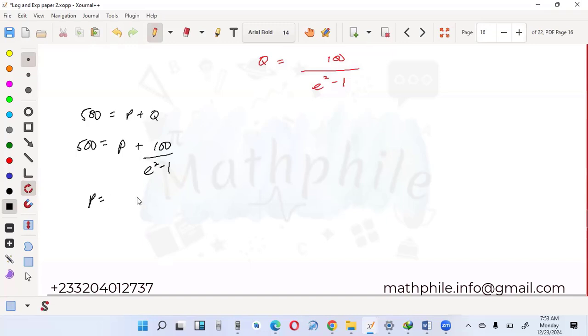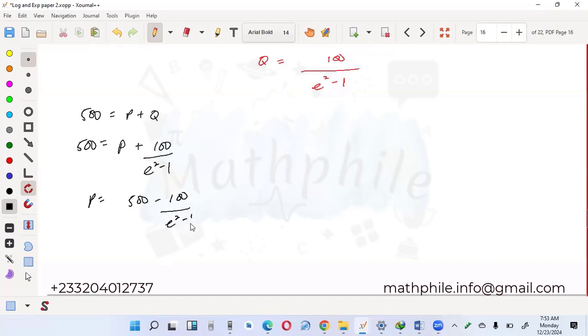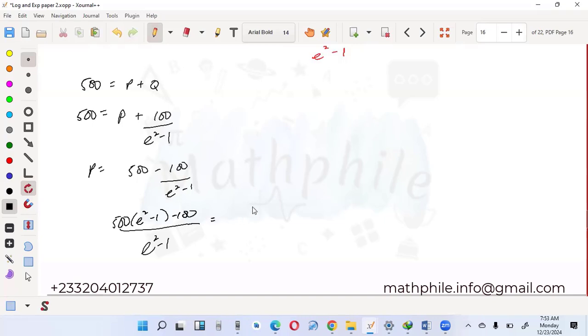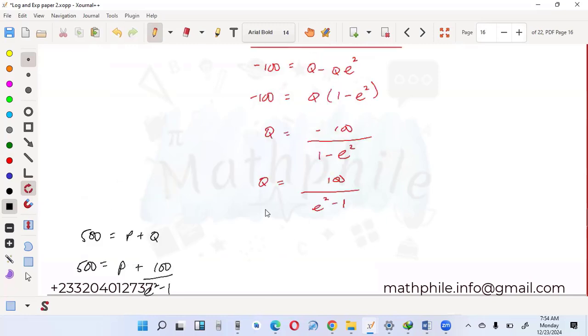So p is equal to 500 minus 100 over e squared minus 1. Is that okay? Yes, please. The exact way is becoming too complicated, but this one you can just type on the calculator. Don't worry yourself. So it's 500 e squared minus 600 over e squared minus 1. So that's the value of p.